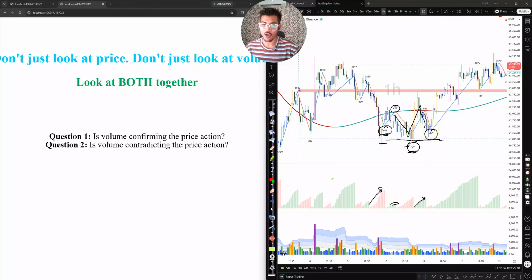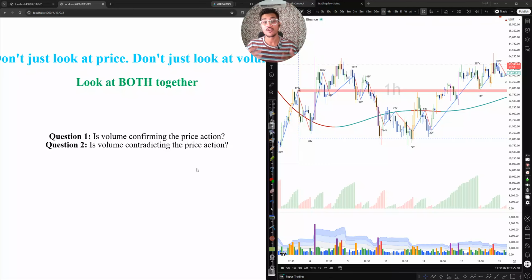Then on the pullback, low volume, right? On this up wave, high volume, you see, then the market propels to the upside. So by combining volume and price, you can predict any move and tell the reason behind that move.